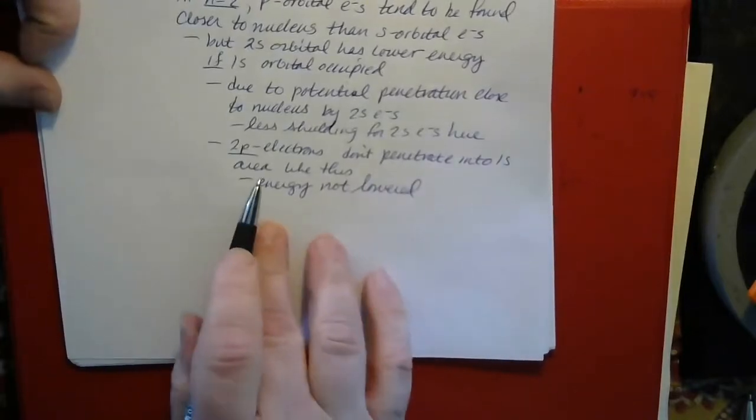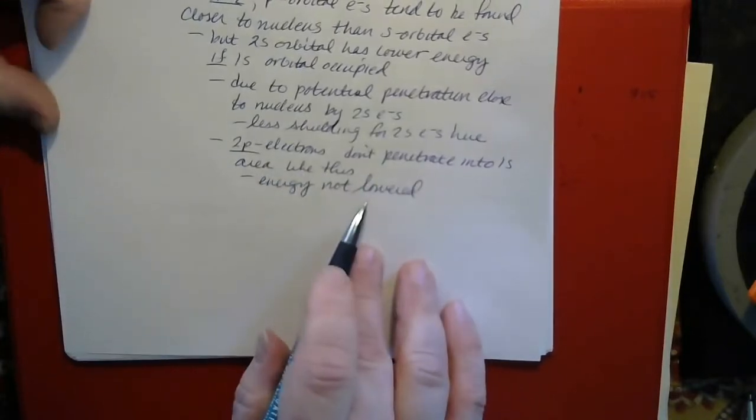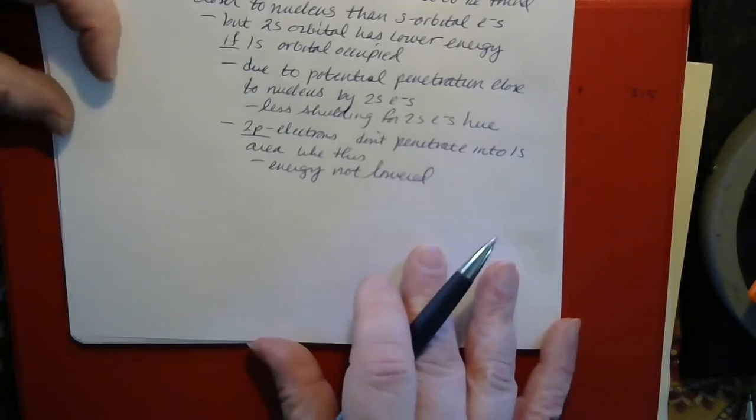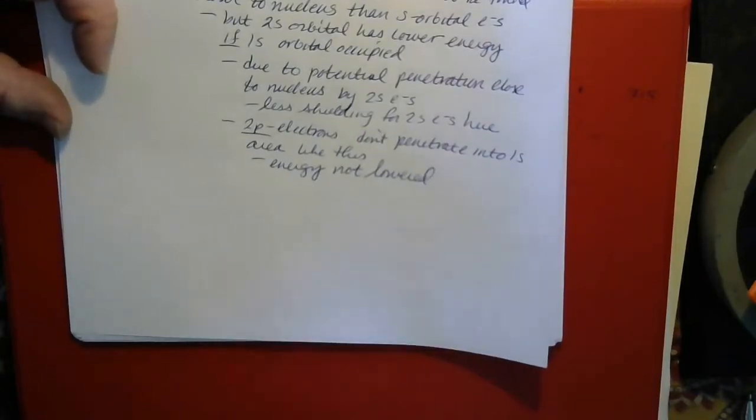And because of that, the 2p electrons don't get their energy lowered by being closer to the nucleus. And the shielding is still in full force, and so they end up being higher in energy overall.